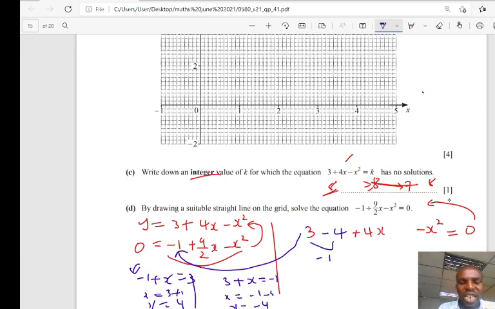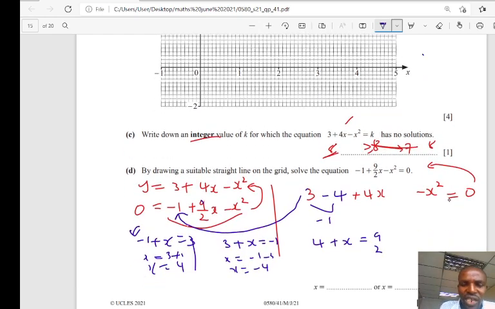Then also on this 4x, there is 9 over 2x here. So which number can I add to 4x for me to be able to get 9 over 2x? So I say 4 plus a number, which is x, is supposed to get 9 over 2. Then what will be the number here?